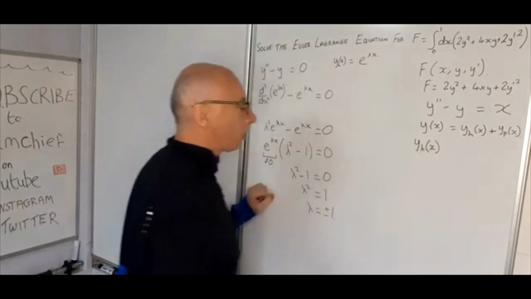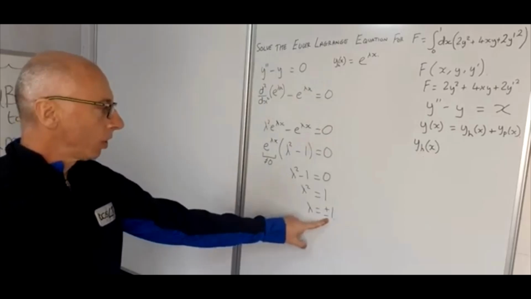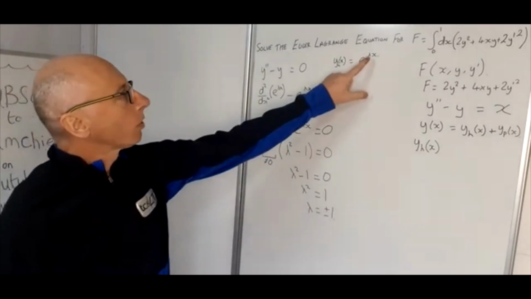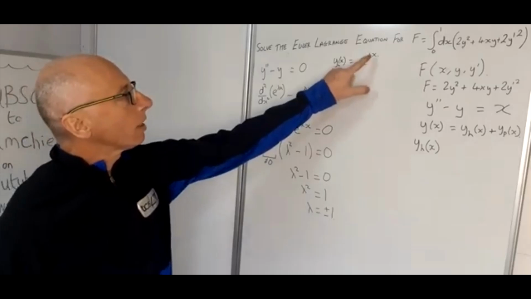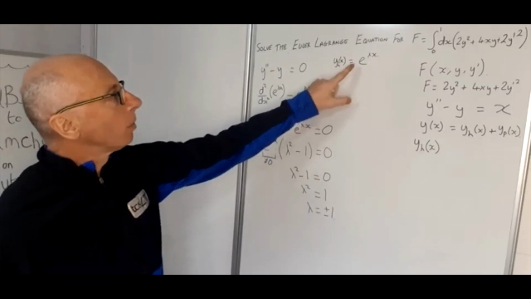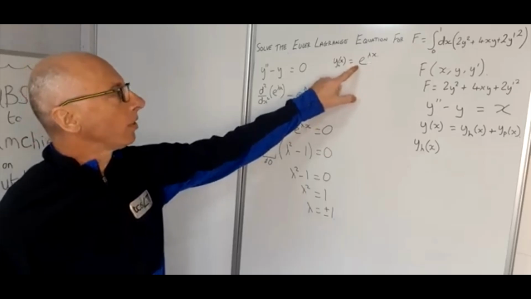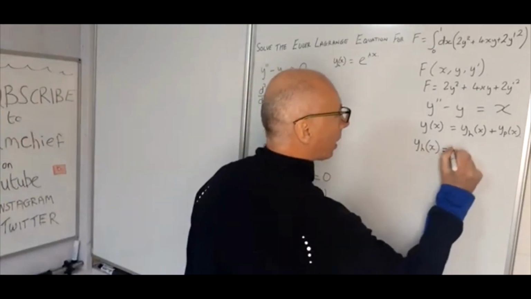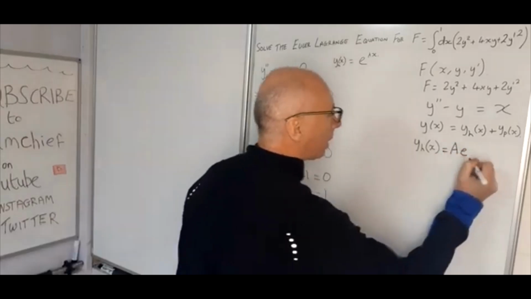So then what we do is now we've got two versions of lambda. We've got a plus 1 and a minus 1. So we've got e to the plus x and e to the minus x. We'll also need a constant in front of here as well, which we don't know. So I'm going to write that now as a, e to the x.